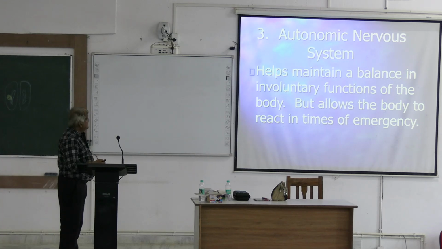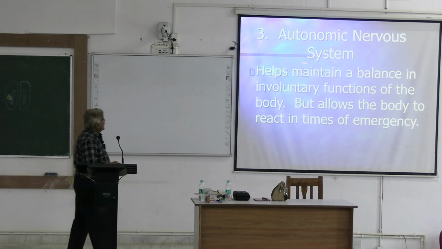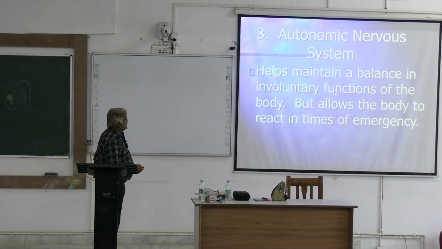The autonomic nervous system helps maintain a balance in the involuntary functions of the body, but allows the body to react in times of emergency.